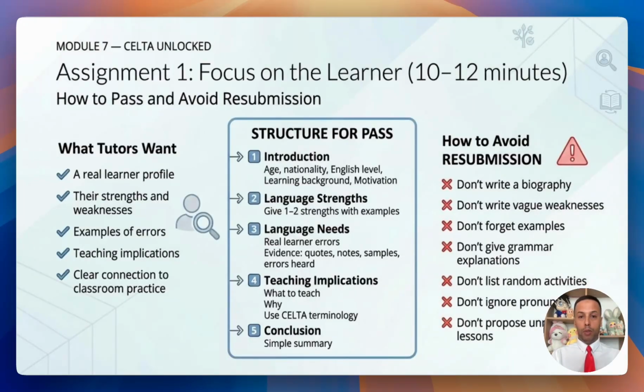You choose someone from your teaching practice class, profile them, identify their needs, and suggest teaching priorities. What do tutors want from you? They want a real learner profile, a specific person you have observed.